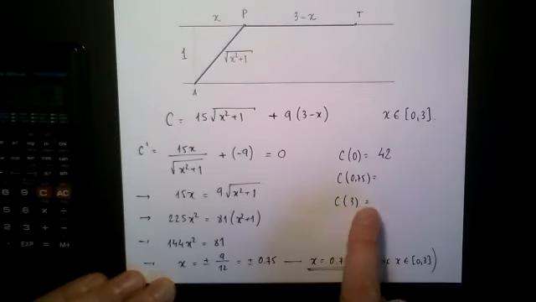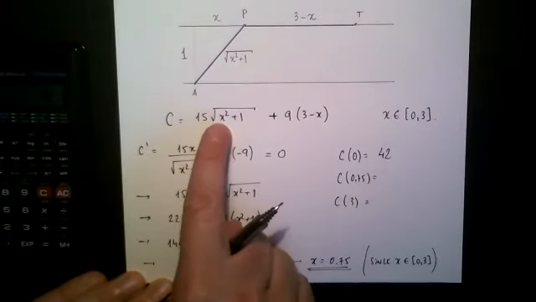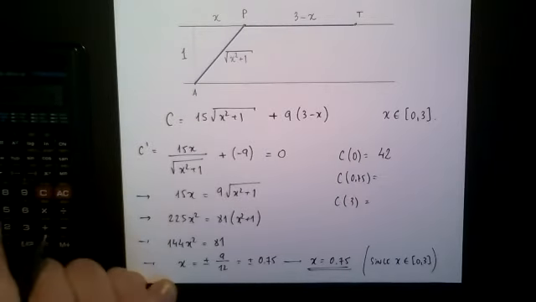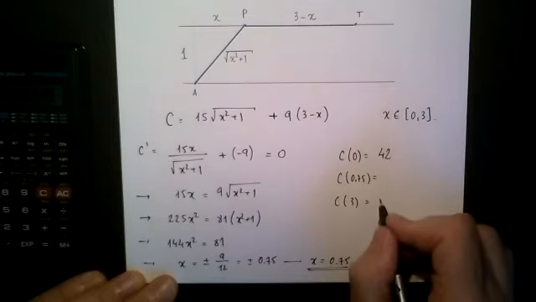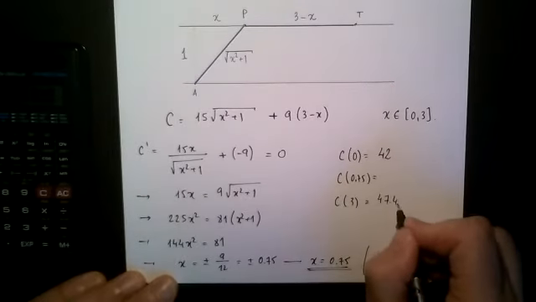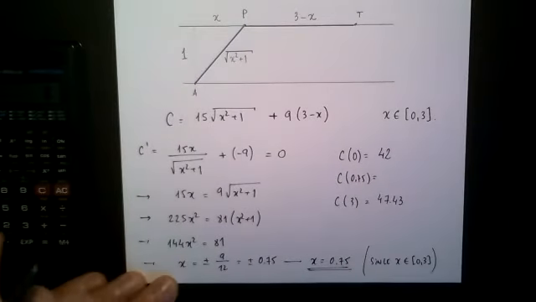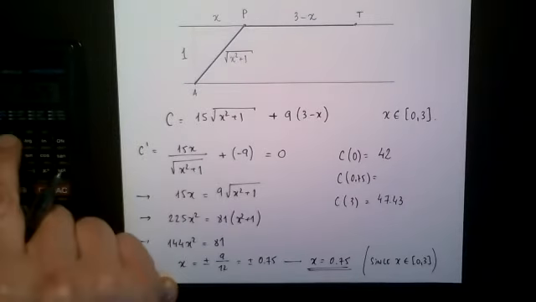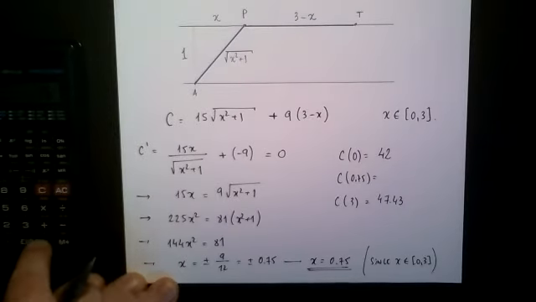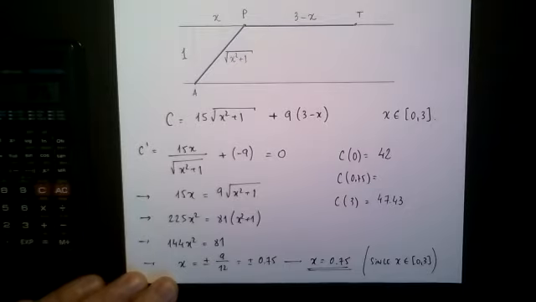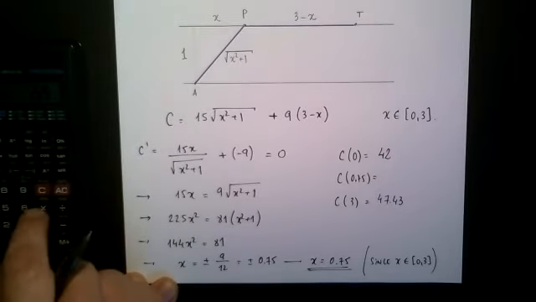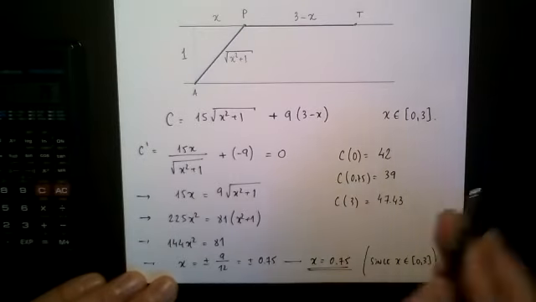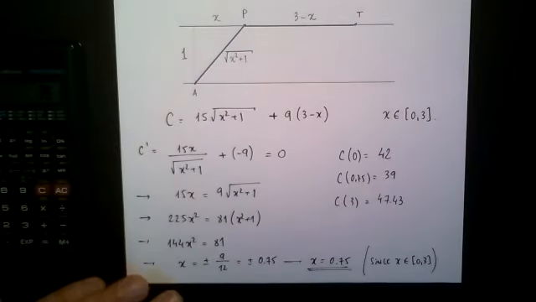At 3, this is 0, and this is 9 plus 1 is 10, square root of 10 times 15. So 47.43. And then at 0.75, I get 39. So as you see, this is my minimum.